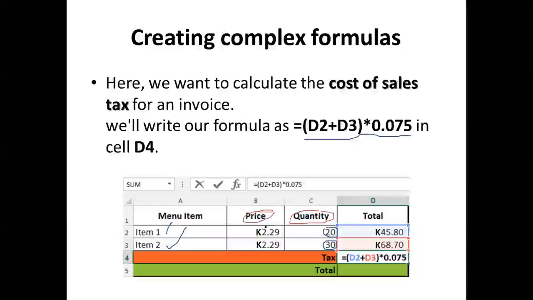So the unit price is multiplied by the quantity, which is indicated in the parenthesis there. You see that? So the parenthesis itself is holding the addition of the two.